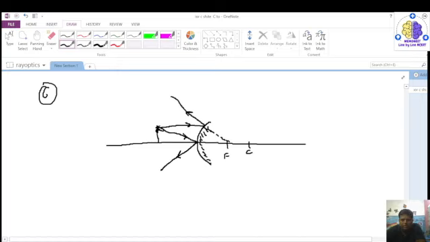Now this light ray when reflected, produced backward, will meet at a point, and this is the point where the image has been formed.